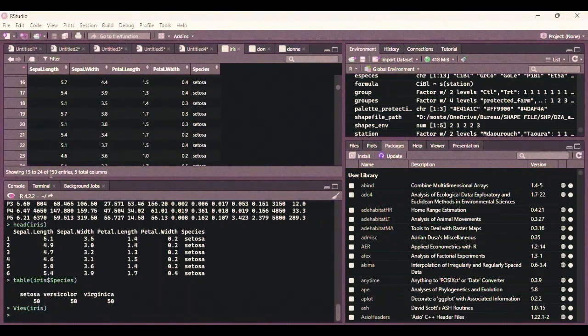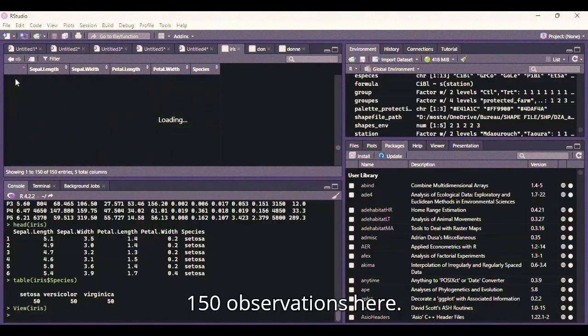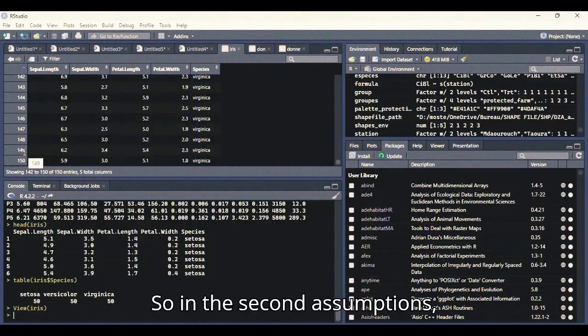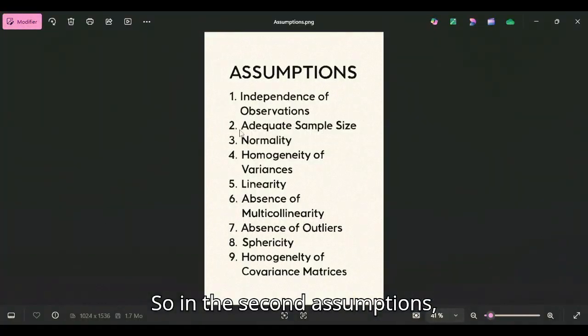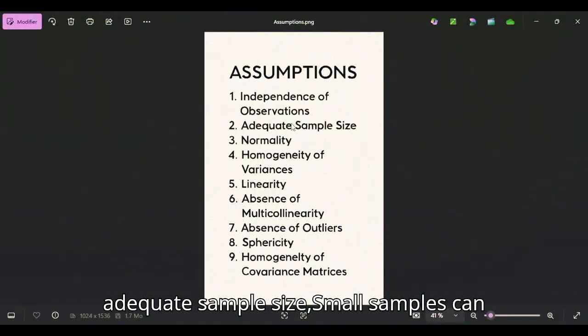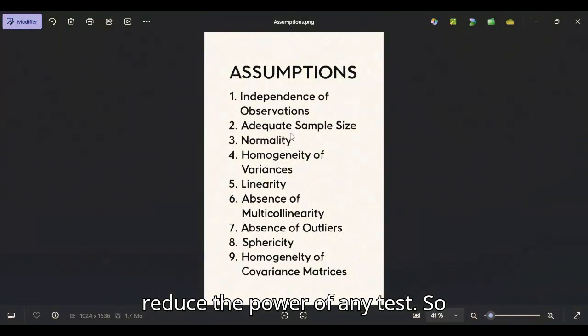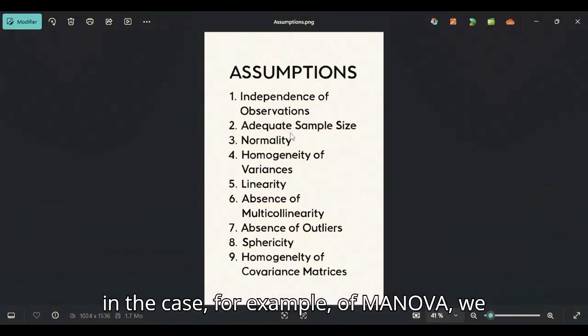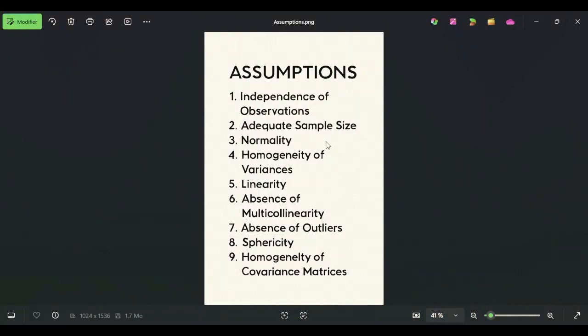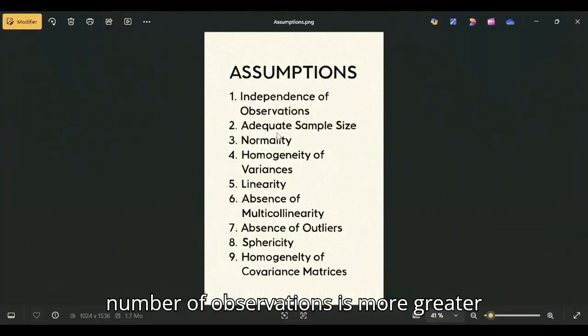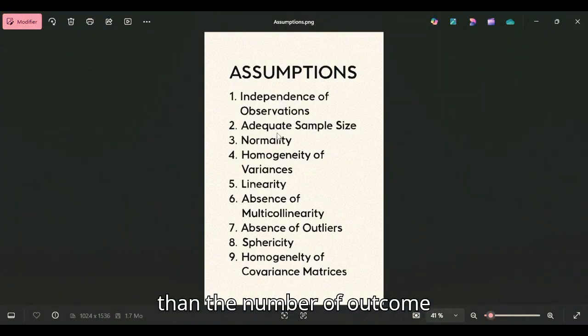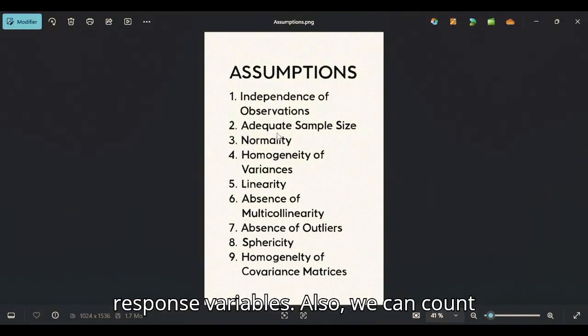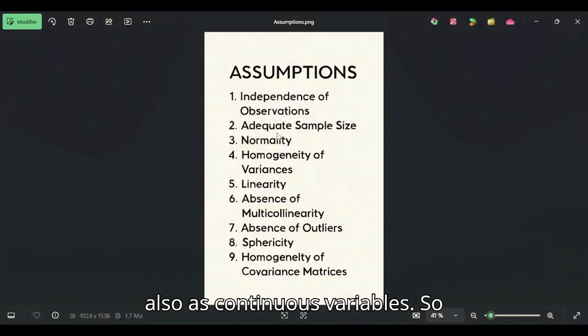We have 150 observations here. Small samples can reduce the power of any test. In the case of MANOVA, we need to check whether the number of observations is greater than the number of outcome variables, or response variables, which we can also call continuous variables.